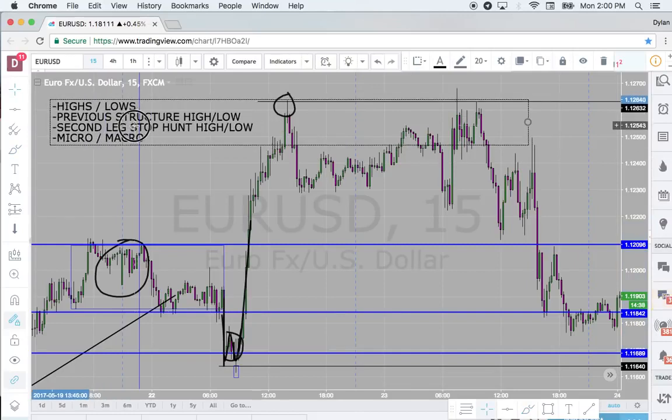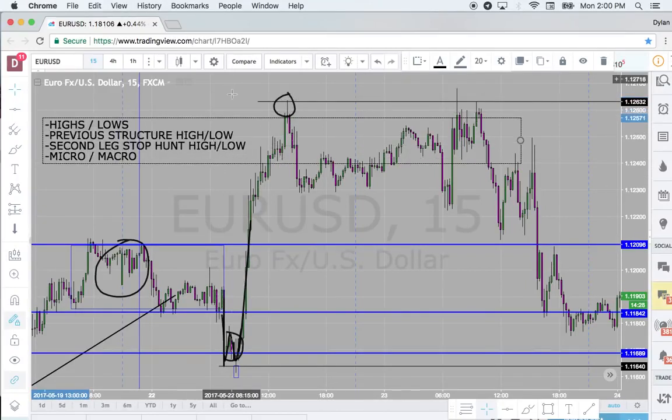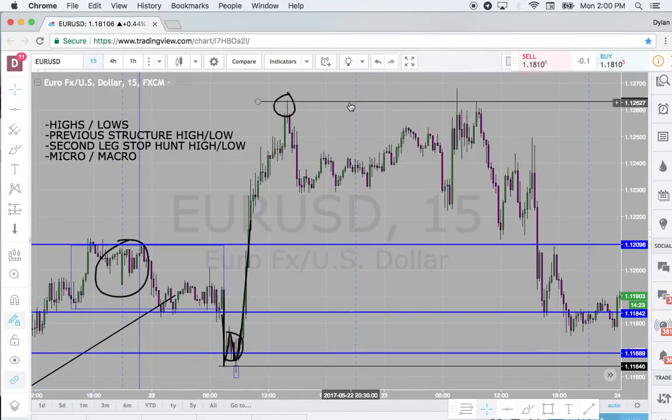Alright. Now we talked about this W formation. Now what we can see is that price came back up and then formed a high of the day right here at 1.12637.